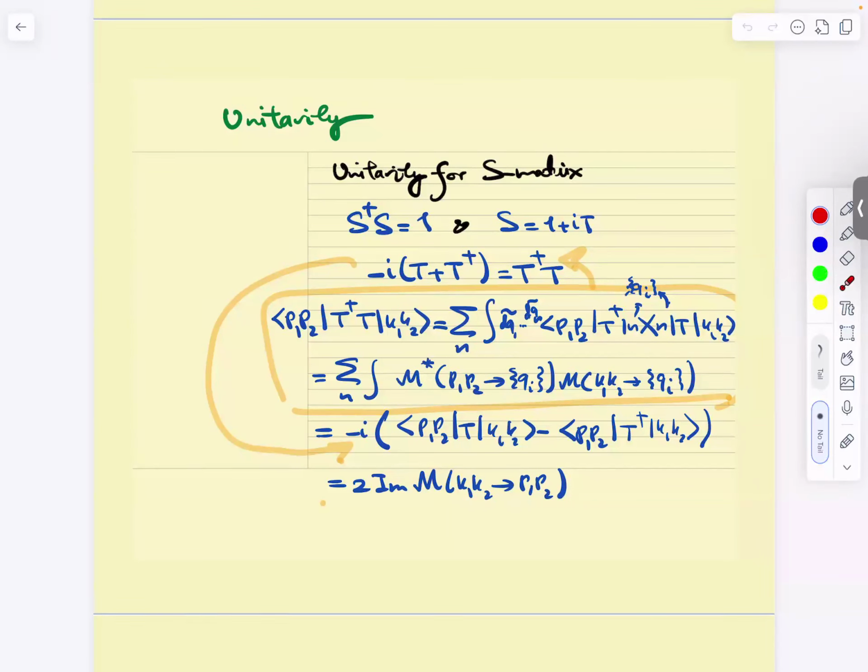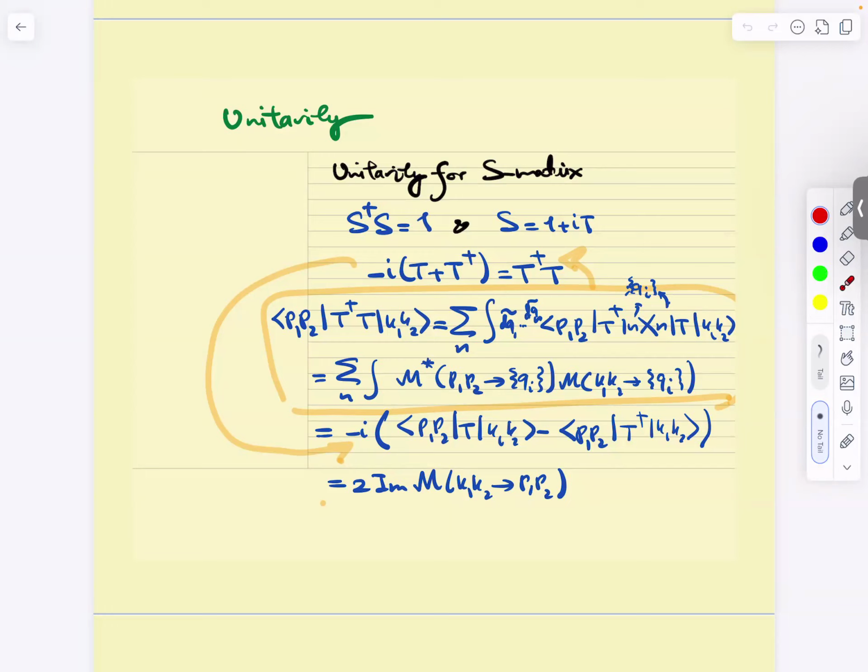Okay. Now, this is unfamiliar. We never really dealt with such a thing. So what we're going to do is write it as an integral, doing a resolution of identity. So it becomes the multiplication of two amplitudes integrated over arbitrary final states. It's a resolution of identity.